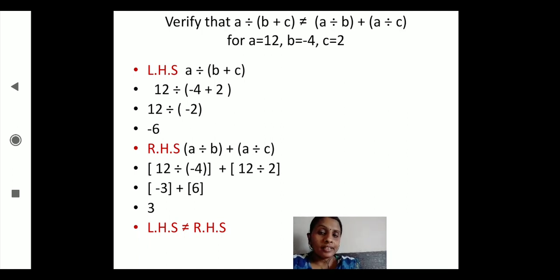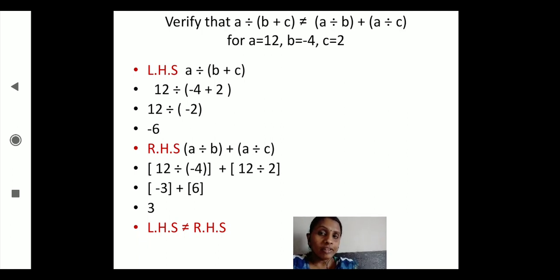And as we know, closure property, associative property and commutative property, none of these is applicable for division of integers. So now we are going to prove that by using values of a, b and c. The values of a, b and c are given.